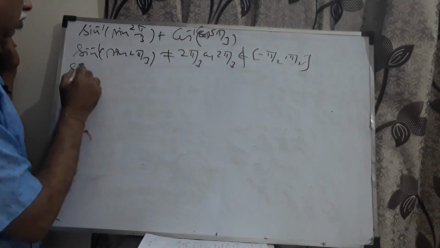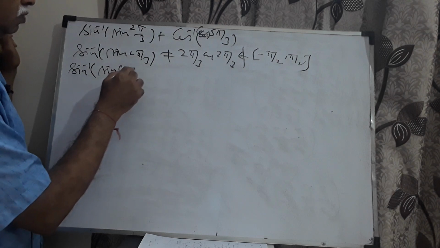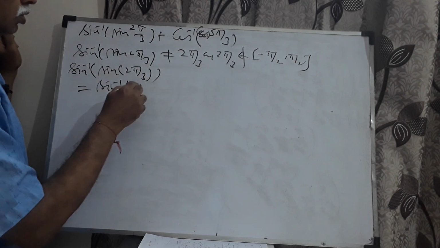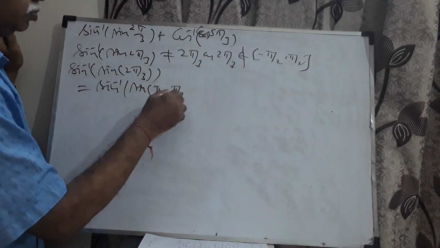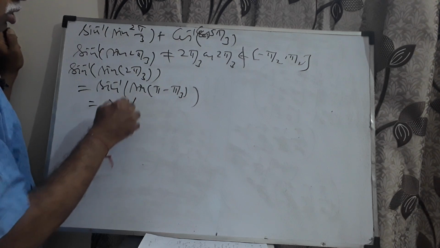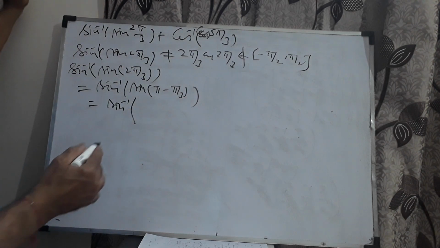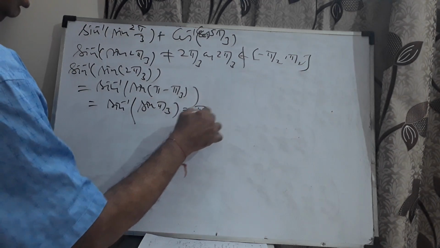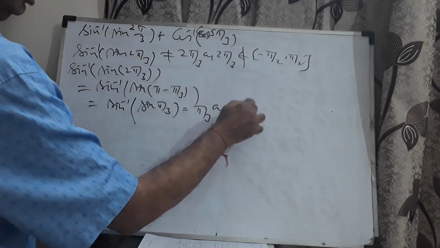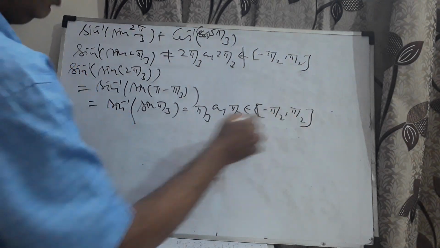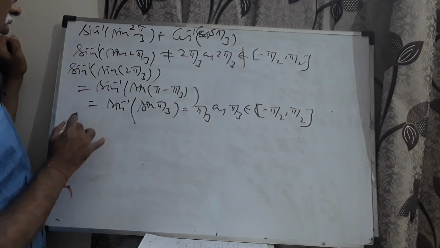Therefore, sine inverse sine 2 pi by 3 can be written as sine inverse sine of pi minus pi by 3. Just check, 3 pi minus pi is this much. But sine of pi minus theta is sine theta. Now it's reduced to sine inverse sine pi by 3, as pi by 3 belongs to the closed interval, which is the principal value branch of range of sine inverse x.